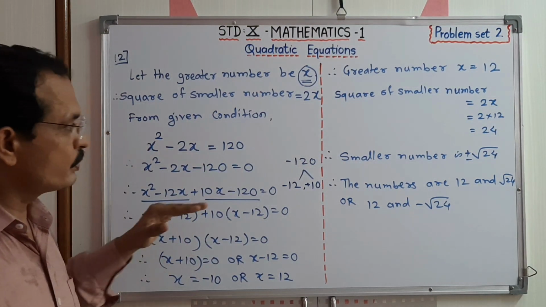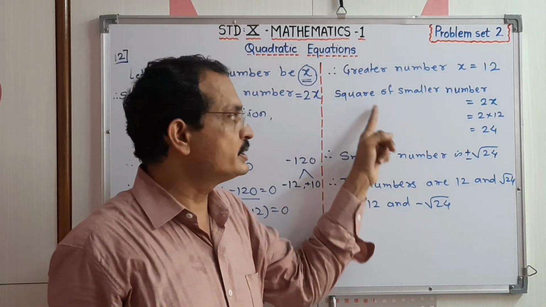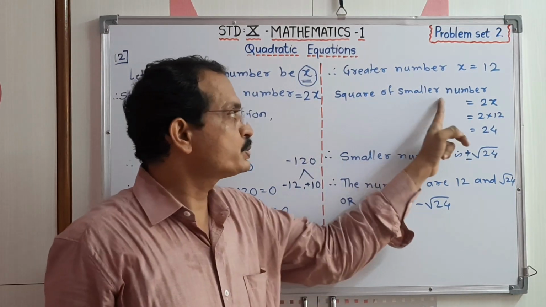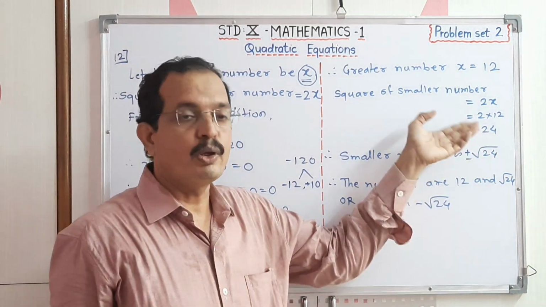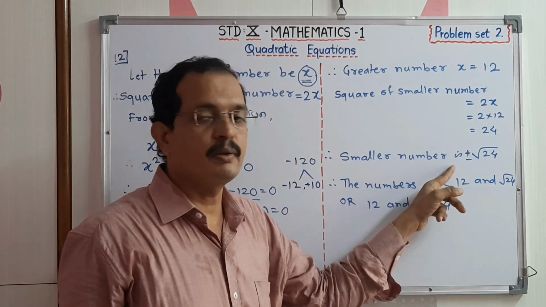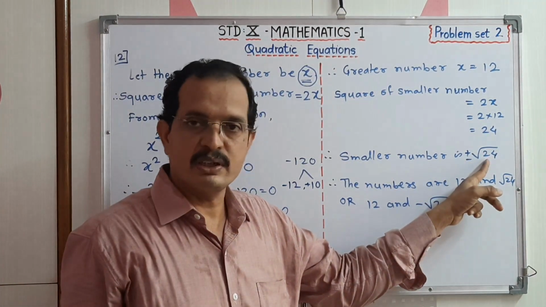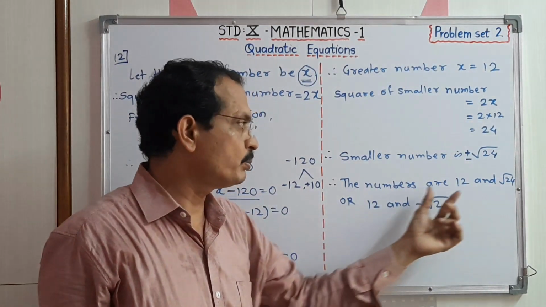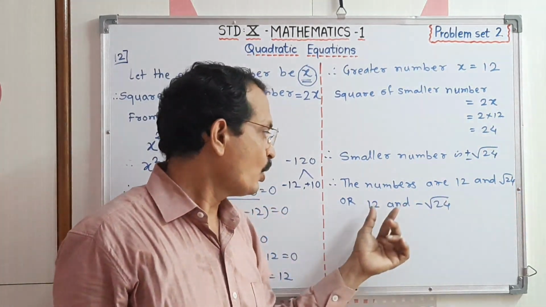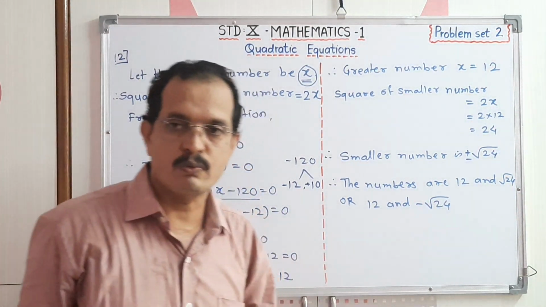We get the equation and we solve this. Again, this is the important part. The square of the smaller number is 24. To find the smaller number we take the square root of that, and it is plus minus root 24. Therefore the two numbers are 12 and root 24, or 12 and minus root 24.